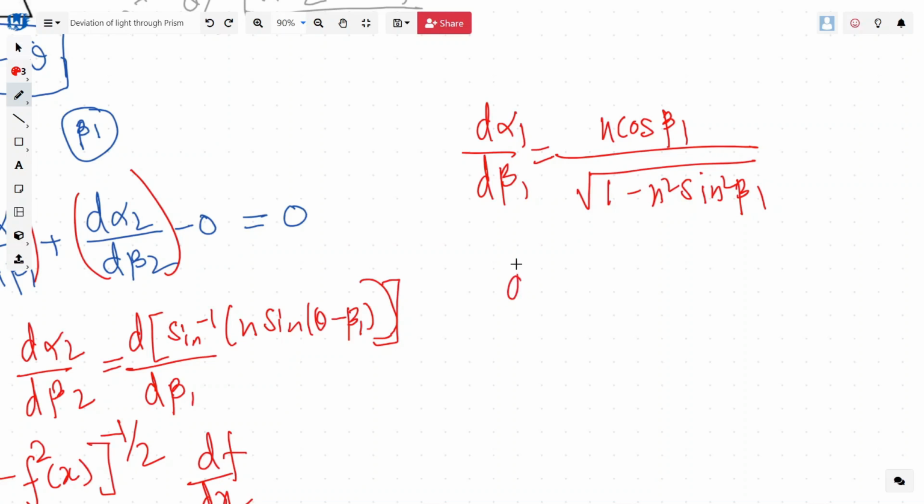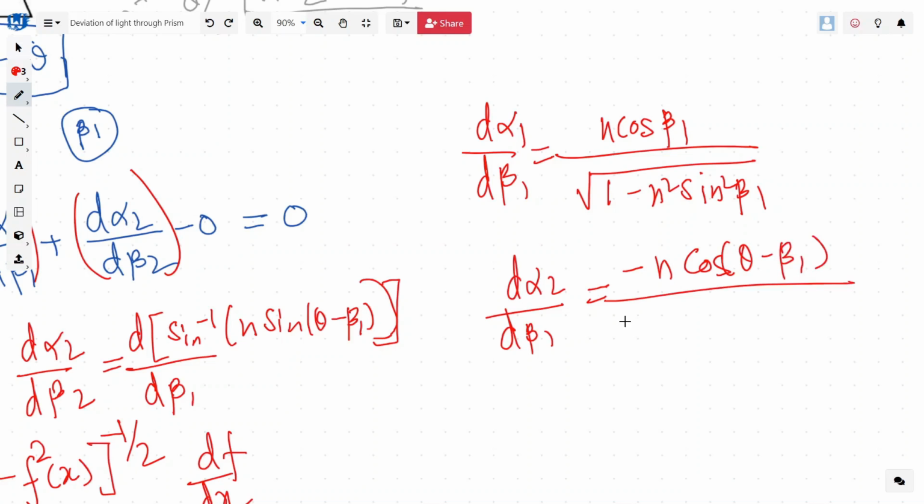Similarly for the second one, d alpha 2 by d beta 1 is minus n cos of theta minus beta 1 over the similar root. You can try that when you have mastered differentiation and maximum minimum problems. This is very simple maths, and you will be able to follow it. But don't worry, this proof is not going to be asked in the exam. I'm just doing it so that you have the fundamentals clear.